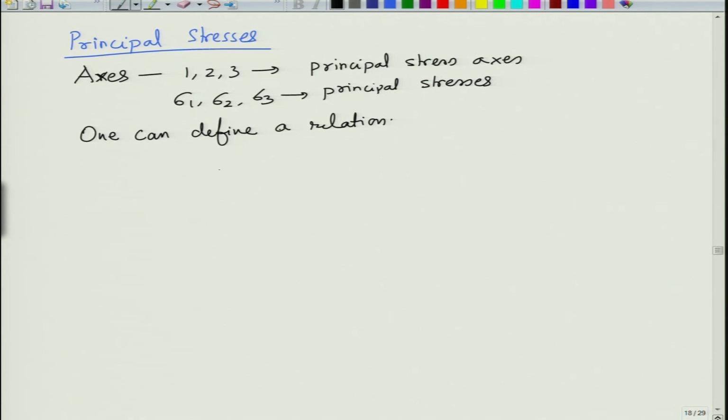that sigma p cube minus I1 sigma p square minus I2 sigma p minus I3 is equal to 0. So this is a relation which basically defines the principal stresses, and this P subscript is essentially about the principal. Okay.